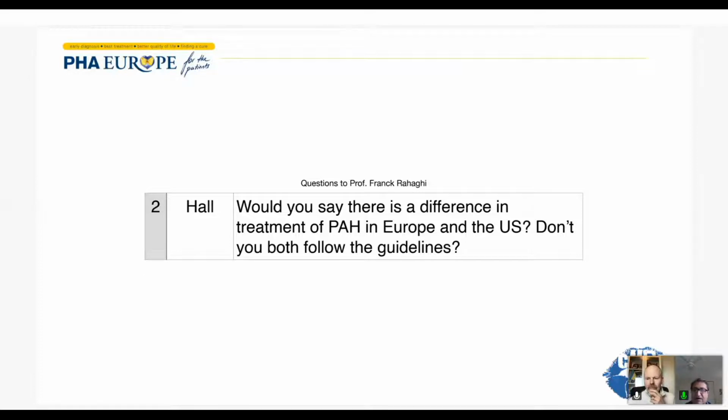So right there, our practices start diverging. In certain countries, iloprost IV is available and commonly used, and here in the US, it's just not available. So certain practice divergences occur in terms of availability.